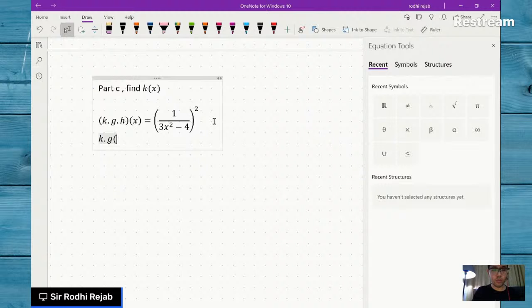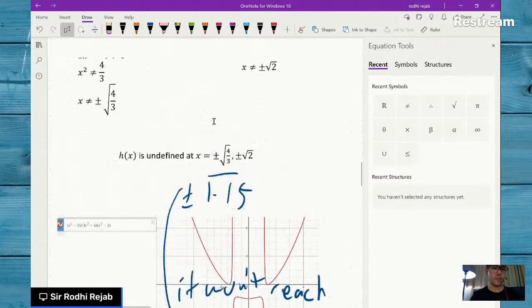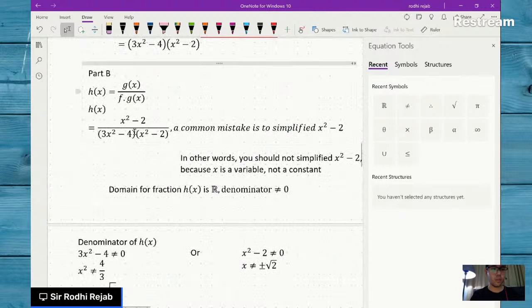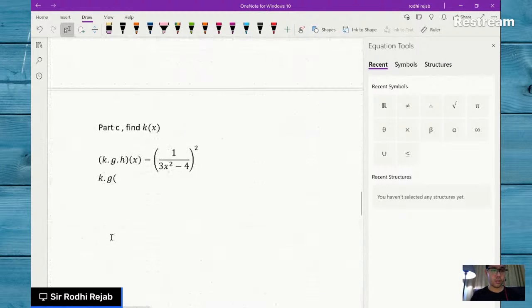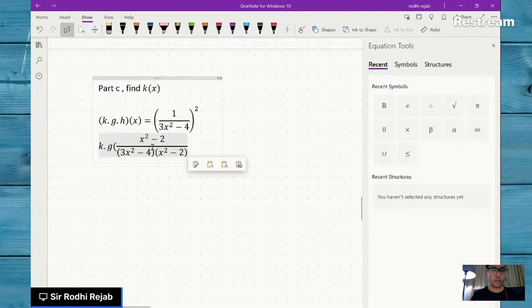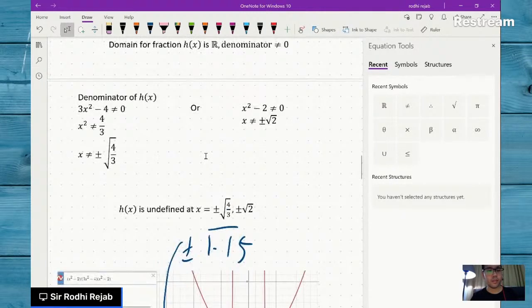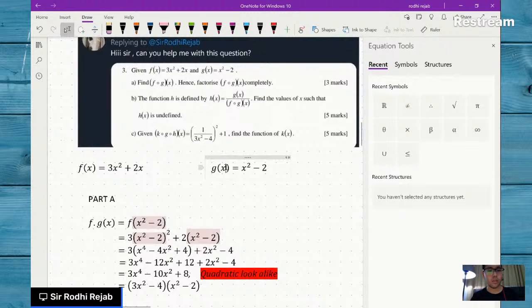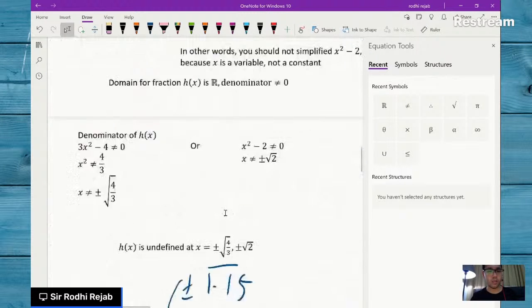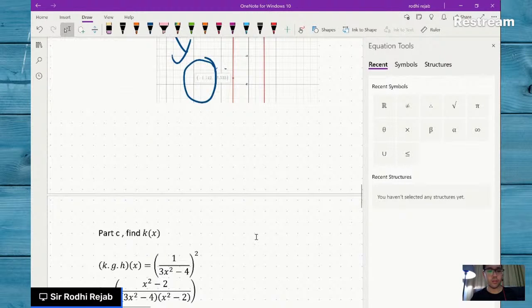So hx will be Nurul Faida. Forgive me beforehand if this question is unsolvable for me. And the next part is gx. Just put here.